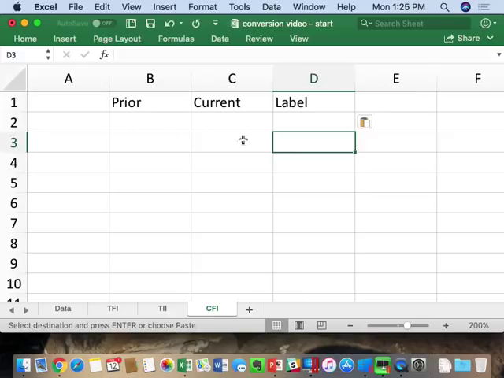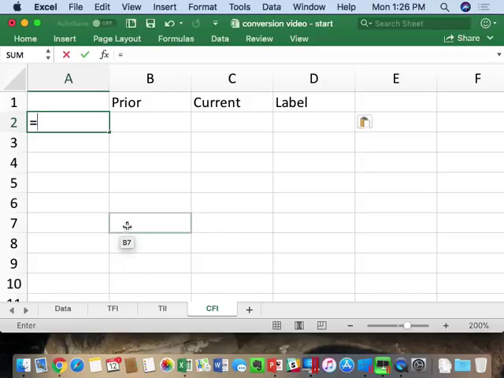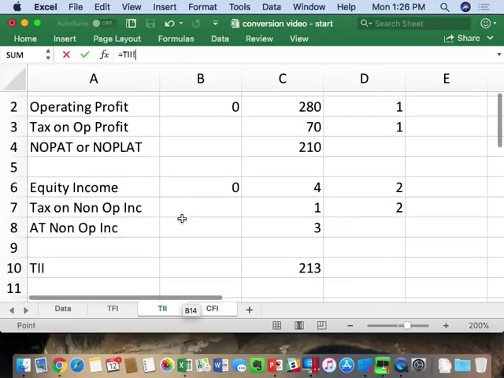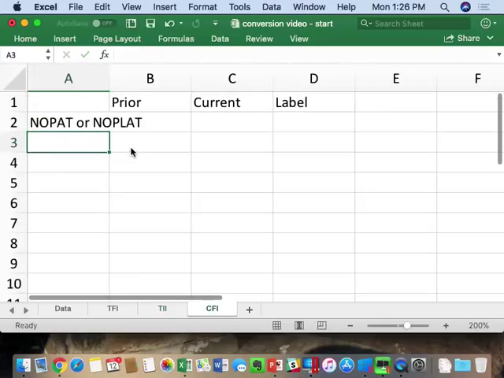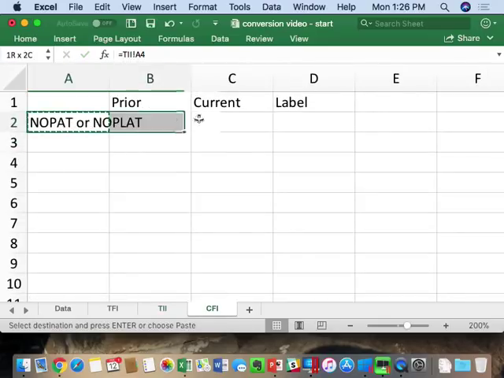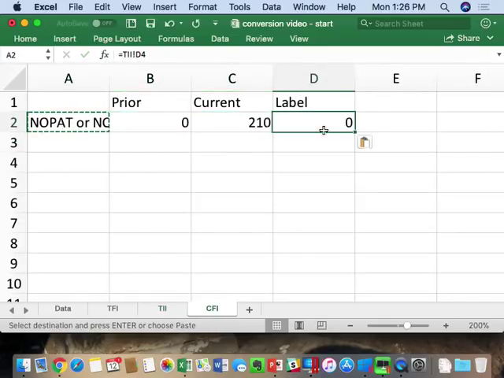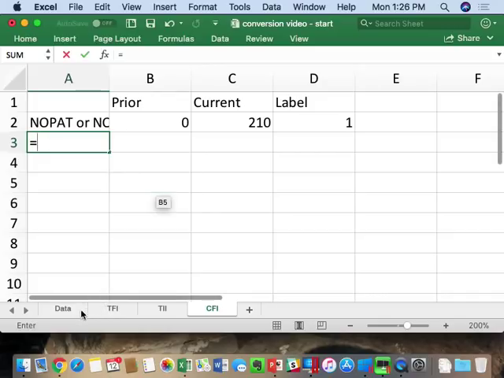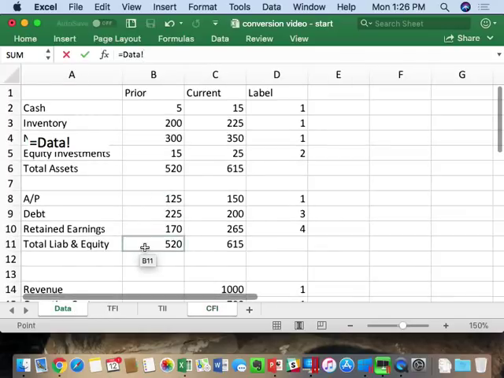So let's start out. To get to gross cash flow, TII, start out with your NOPLAT. Then we add back depreciation, a non-cash item.